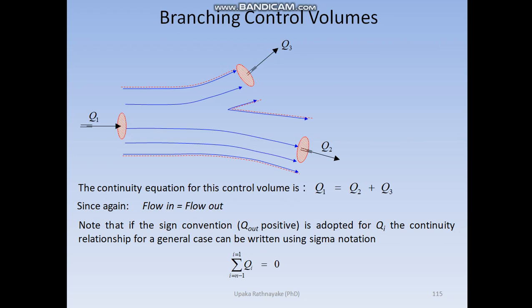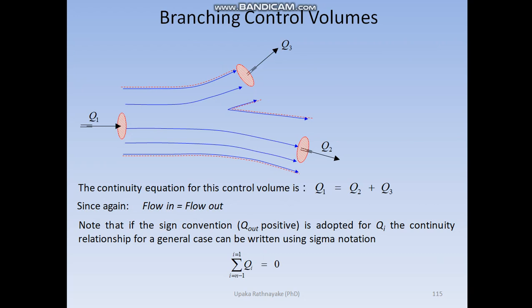The last topic of this section, branching control volumes. The continuity equation only looks at whatever matter is entering the control volume and whatever matter is leaving the control volume.